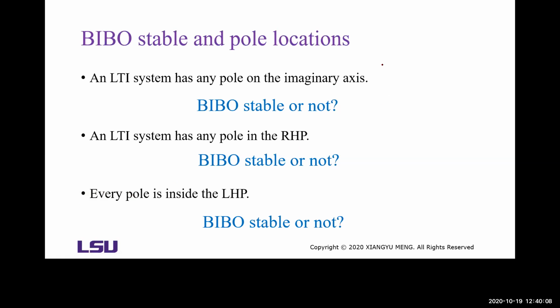Now let's assume a system with transfer function 1 over s, Y(s) over U(s). Let's see if this system is BIBO stable or not.